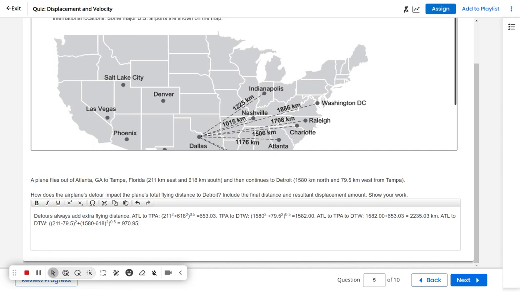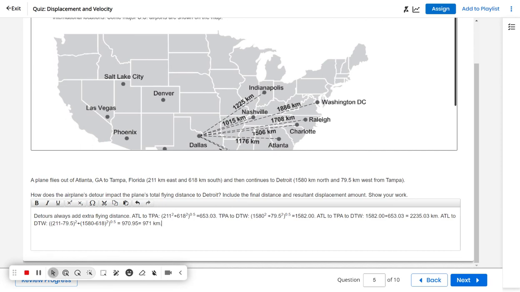Based on significant figures, I will make this 971 kilometers. And that's it. That's how you find the total distance, where you break up each distance and use the Pythagorean theorem twice. And you find the resultant, where you look at projecting as if you are going straight from Atlanta to Detroit, which is up here.